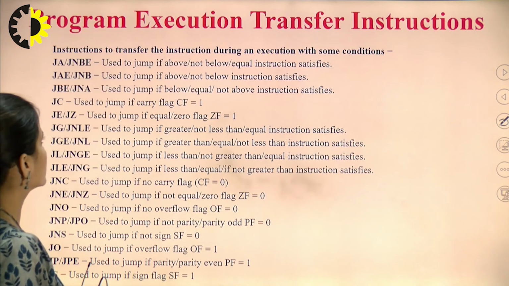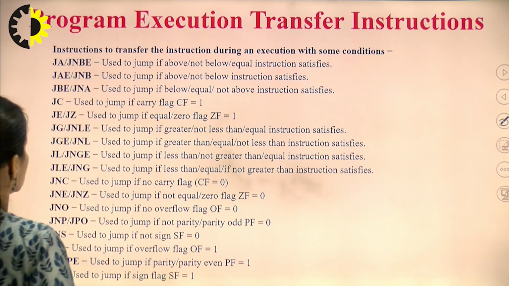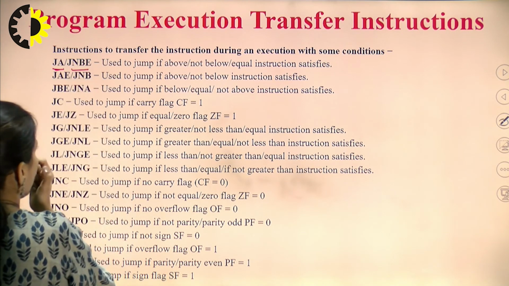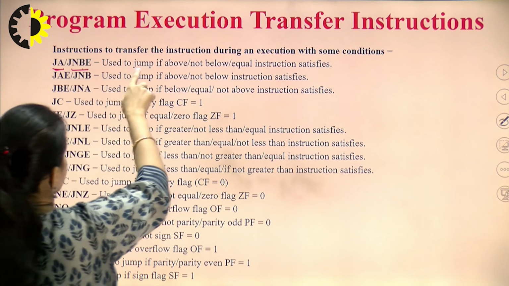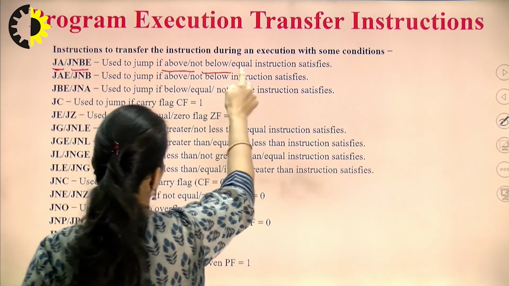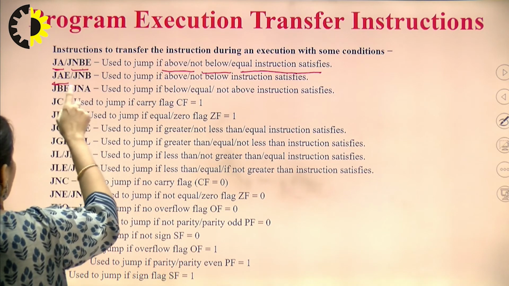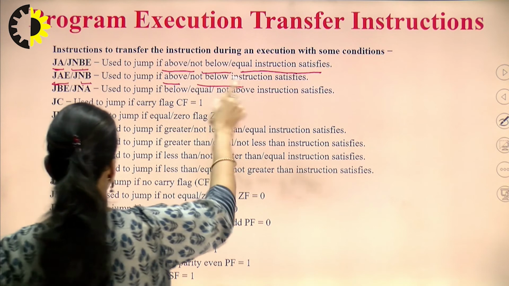So these are the conditional jump instructions. There is JA, jump if above, or JNBE, jump if not below or equal. It is used to jump if the above or not below or equal condition is satisfied. Similarly, JAE is jump if above or equal, or JNB, jump if not below.